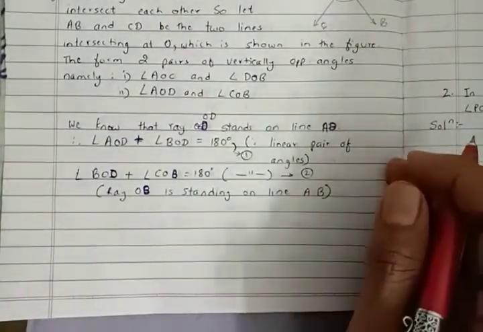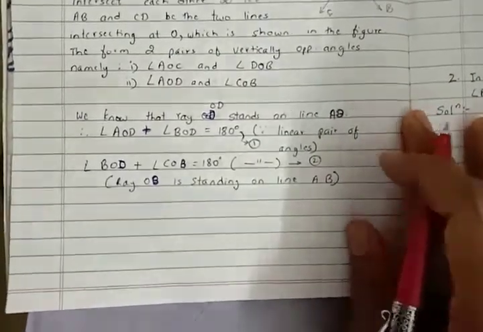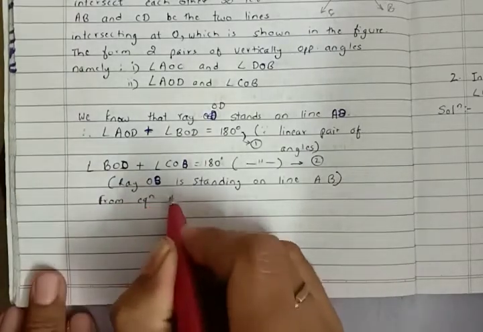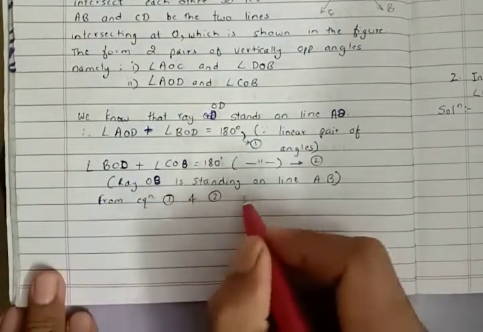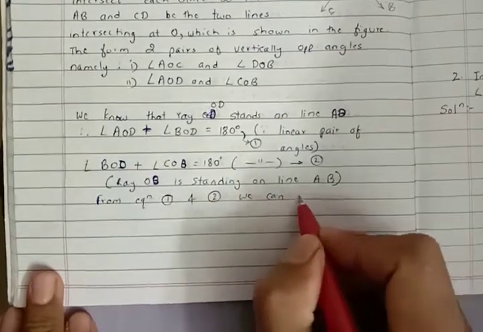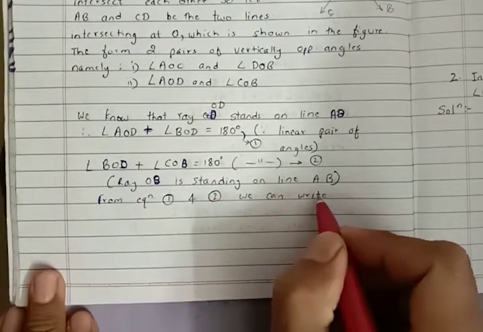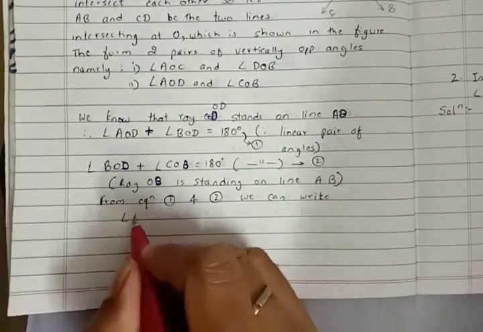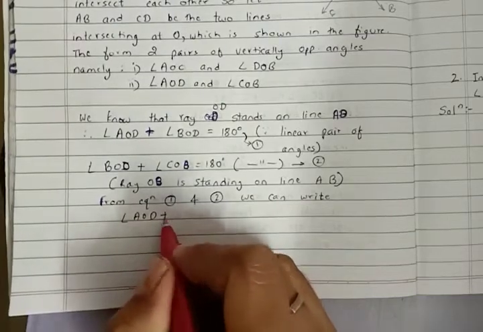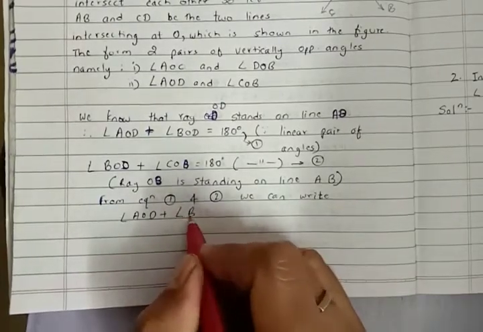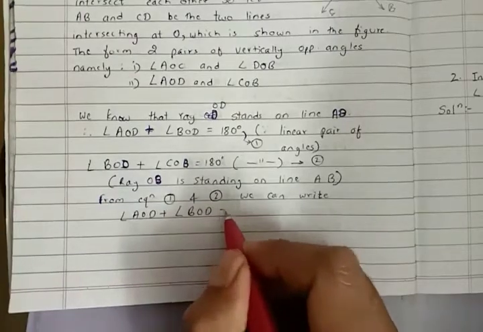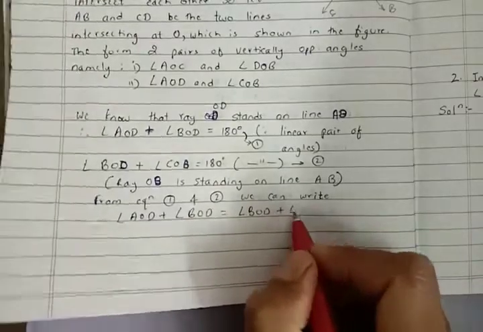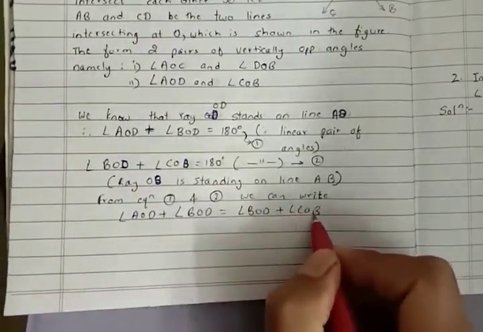Right? Now from equation 1 and 2 we can write that angle AOD plus angle BOD equal to angle BOD plus angle COB.